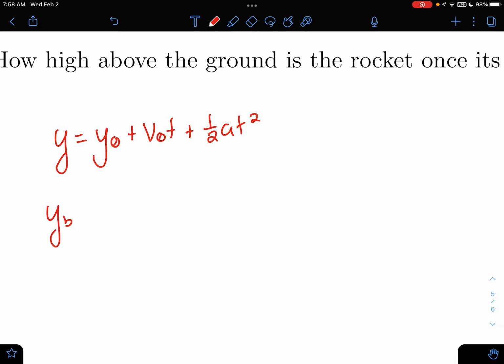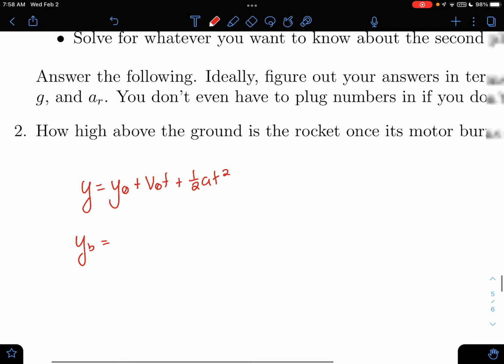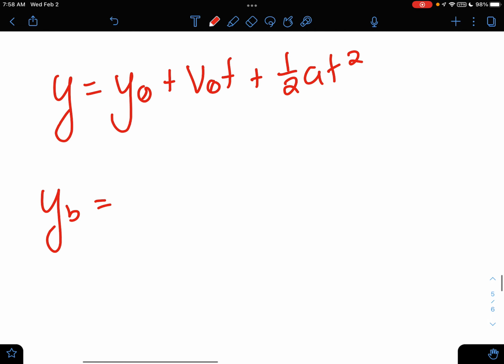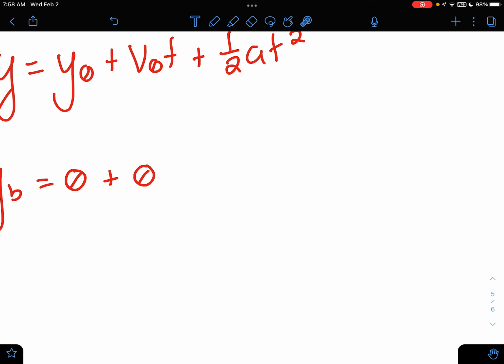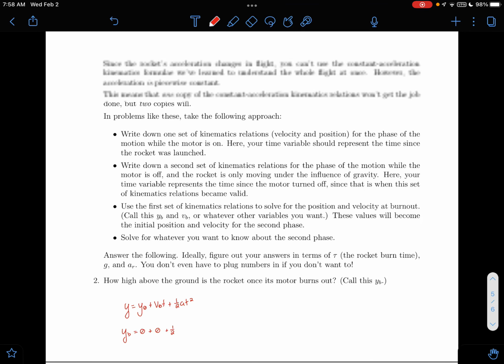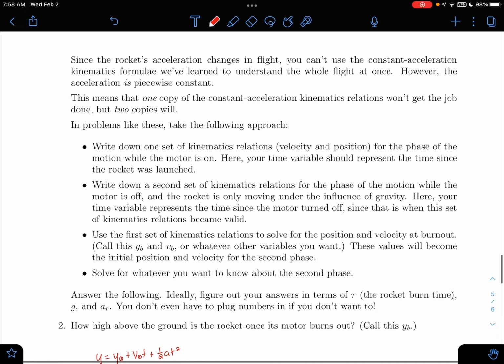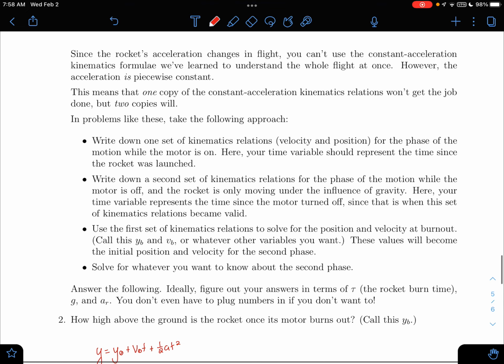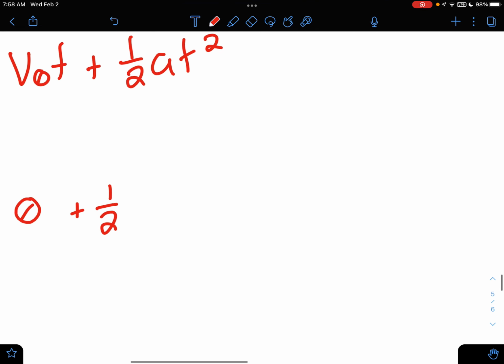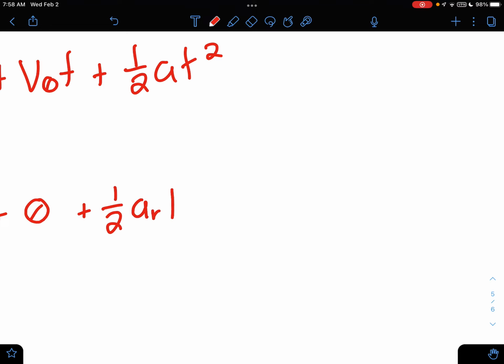constant acceleration zone. And our initial position, it's not even a given, we're launching from the ground, so the initial position is 0. And we're also starting from launch, from the ground, so our initial velocity is also going to be 0 during this time. Plus 1/2, and our acceleration of the rocket, a_R, t squared.